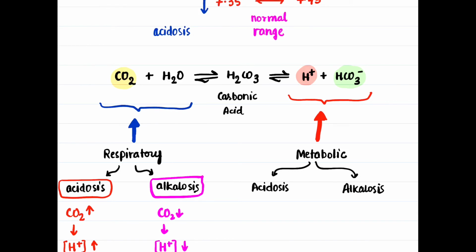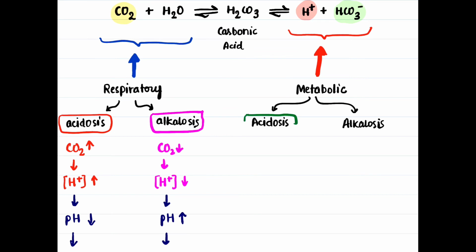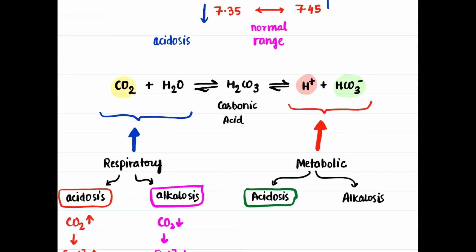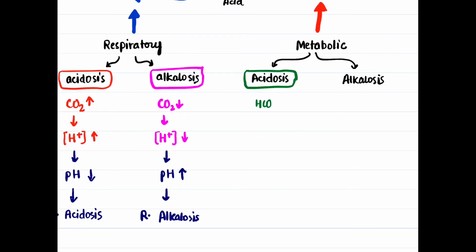Now, let's talk about metabolic acidosis and alkalosis. Here we'll keep in mind that we're talking about bicarbonate ions. If the amount of bicarbonate ions increases, it binds to the free H plus ions, and therefore the free H plus ions drastically decrease.